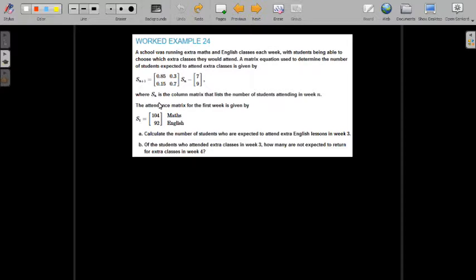So we've got Sn is the column matrix that lists the number of students attending in week n, right? So the attendance matrix for the first week, so there's our initial matrix. And part A says calculate the number of students who are expected to attend extra English lessons in week 3.